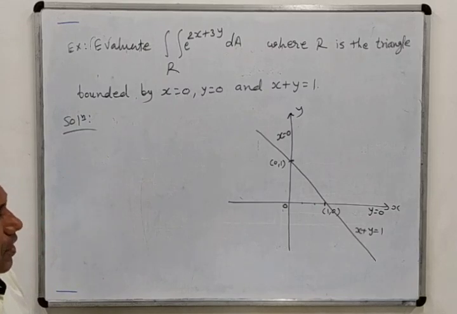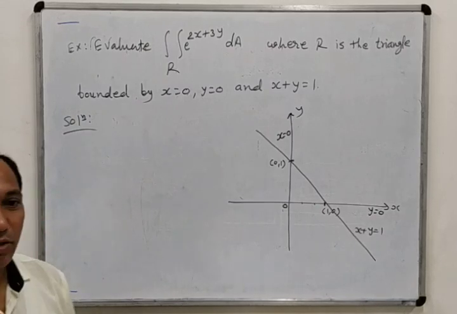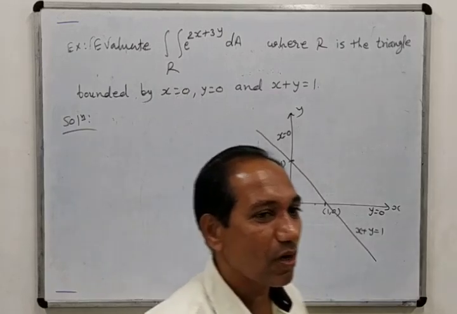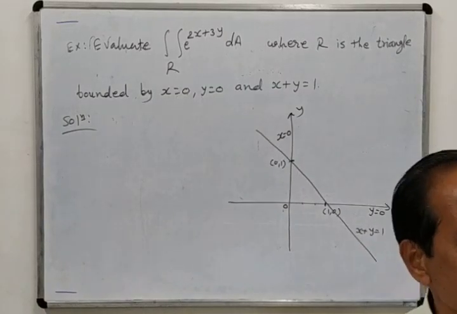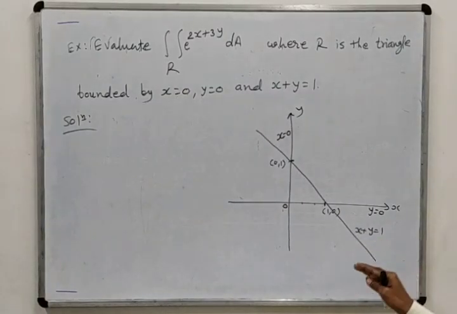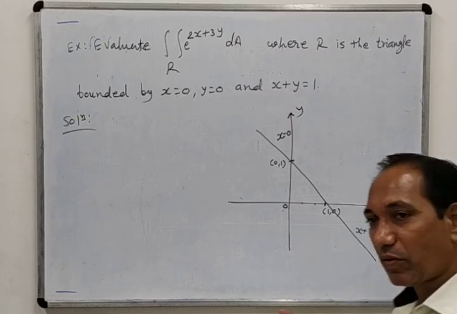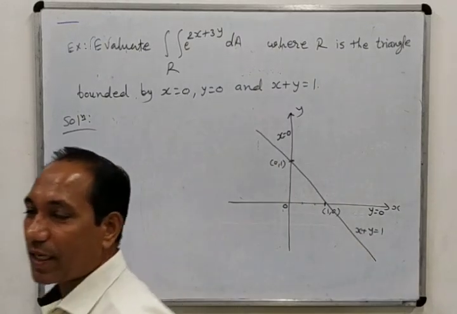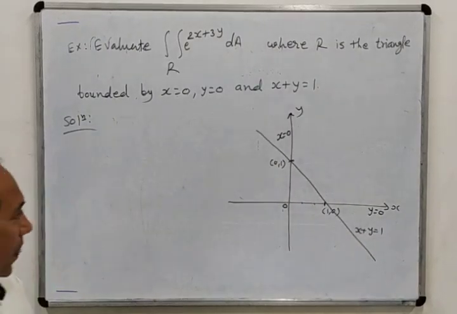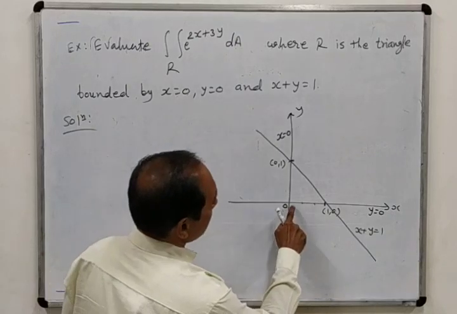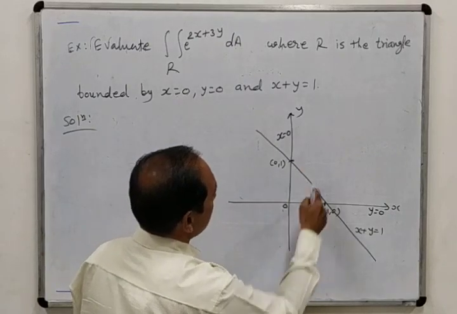So now we will find out the bounded region. Actually, when you try to solve the example yourself, you can do it very fast. Here we are going slowly because I want to explain how the region can be determined. You can see that this is the boundary, this is the boundary, this is the boundary.